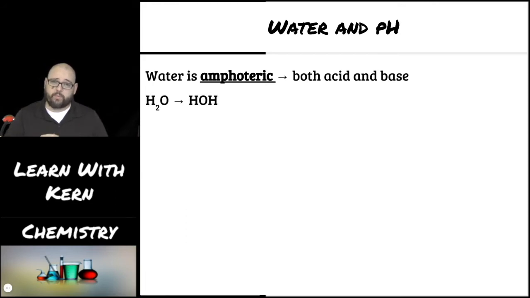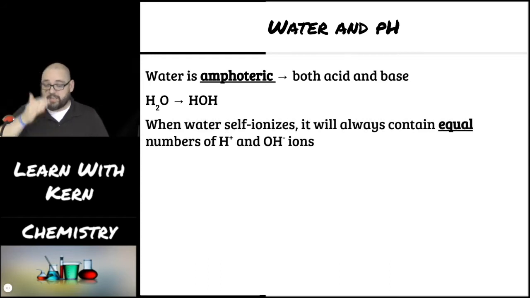And if we think about water as HOH instead of H2O, then when it self-ionizes, it separates into H plus ions and OH minus ions. And so for every water molecule that separates, you're going to get one hydrogen and one hydroxide. Your numbers of hydroxide and hydrogen ions will always be equal because of the way that the water molecule works.